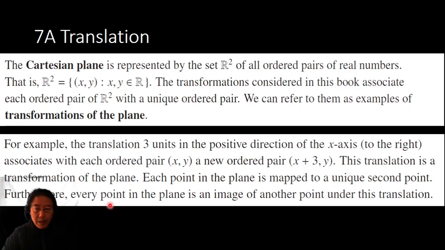In addition, every point in the plane is an image of another point under this translation. So you map from one point to another, and vice versa. The point that you get is also the image from the original point.